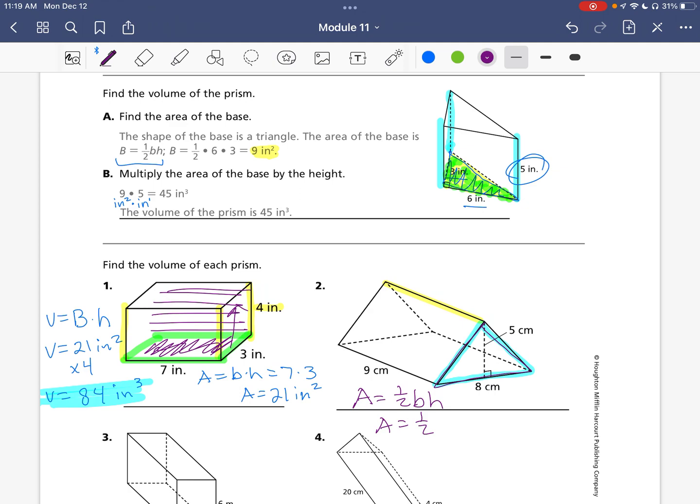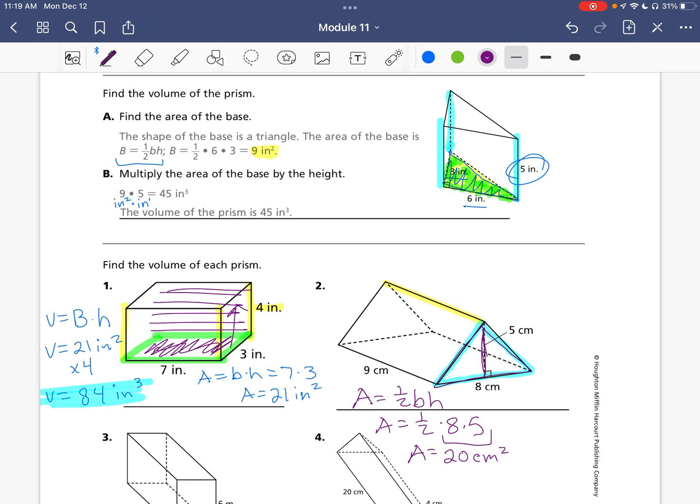Our base is 8, and our height is 5. Multiply that out. Always feel free to pause that video if you need to. Good to practice on the side of your paper, a little multiplication. So we have, let's see, 40 times 1/2 will give me 20 centimeters squared.